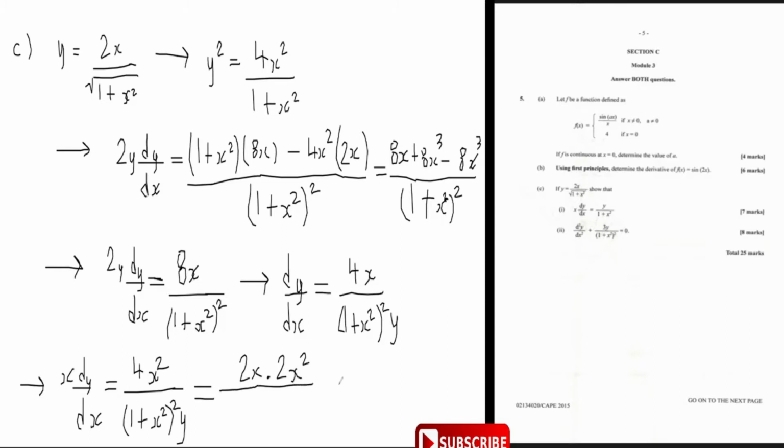Then in the denominator, I can break up 1 plus x squared as the square root of 1 plus x squared times the square root of 1 plus x squared times 1 plus x squared, and it is still being multiplied by y.